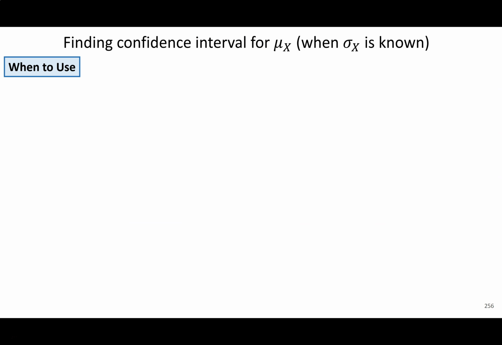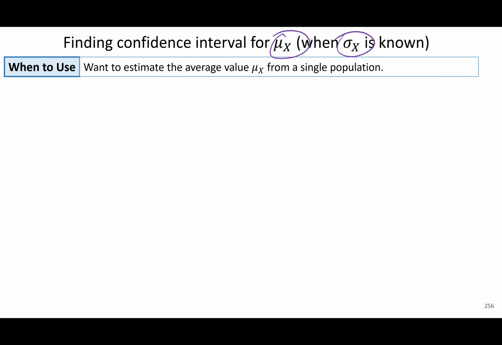When we want to calculate a confidence interval for mu, and we know sigma from the population, and just know that this is not that common, we can use this setup to calculate a confidence interval. So you want to estimate the value for mu for a single population.